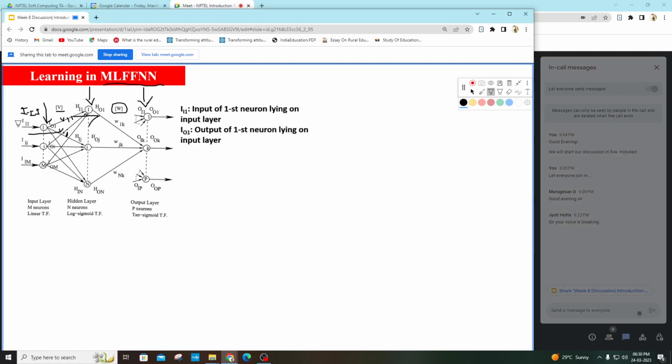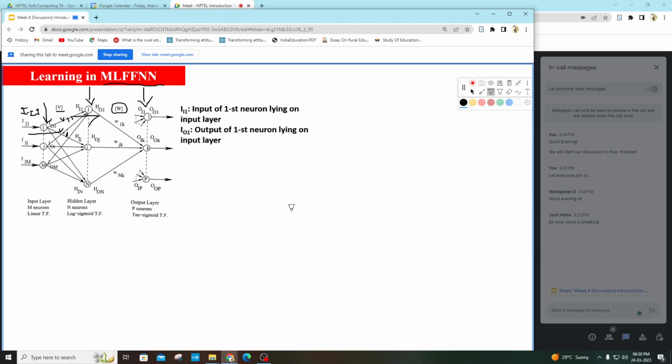Okay, so we are giving one input to this first neuron, so that we are calling it I1. Why we are calling it I1? Because the neuron is in the input layer, so I. Okay, so we are talking about I because this is the input end of this first neuron, right?